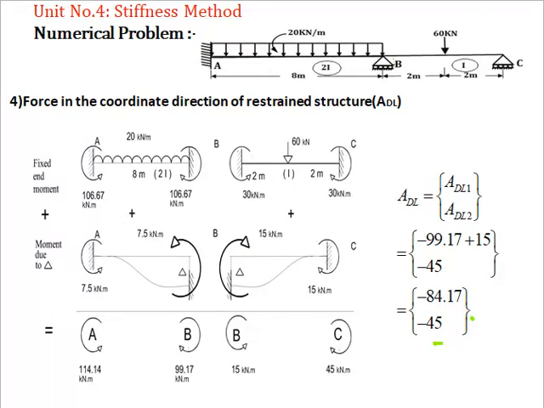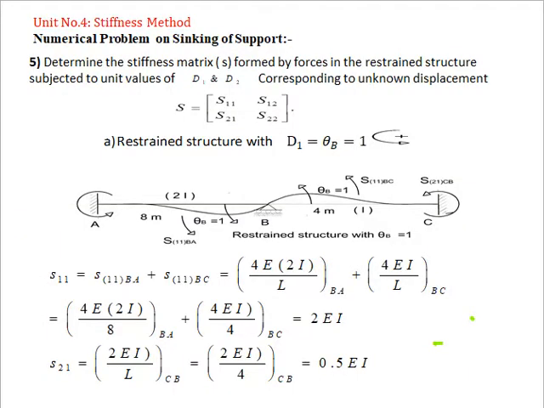After this calculation, we move ahead and form the stiffness matrix. For that, we apply a unit rotation along the coordinate direction theta B in the anticlockwise direction. So at B, we apply the unit rotation theta B equal to 1, and the same rotation will be observed for span BA because that joint is a rigid joint.